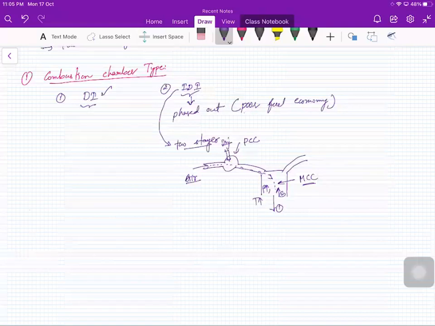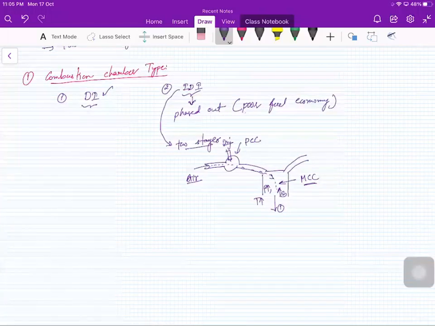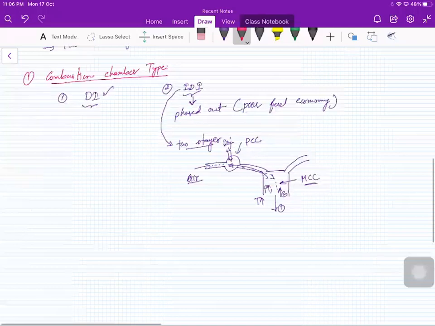The hot compressed air will also go into the pre-combustion chamber. The amount of air going inside the pre-combustion chamber will be minimum, so oxygen will be less compared to the main combustion chamber. Here the oxygen will be more.